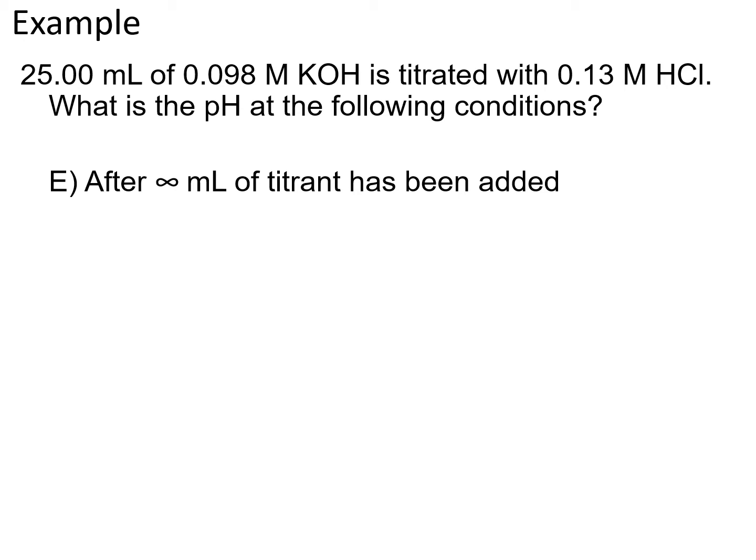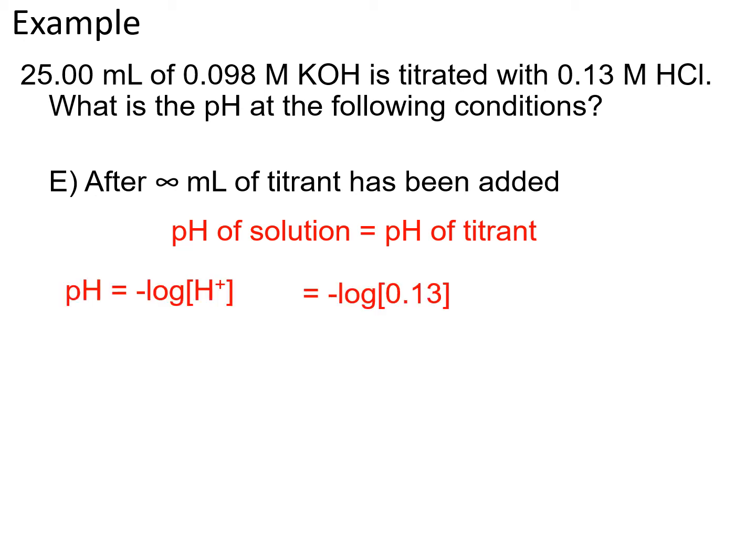As I continue to go higher and higher with milliliters of my acid solution, the titrant is going to become my solution. So if I can calculate the pH of my titrant, it's going to be the same as the pH of the solution, meaning I can just take the log of the solution concentration to get the pH.